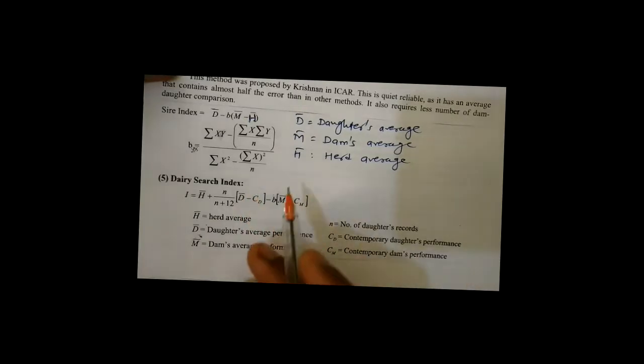Another formula is the dairy search index. So I is equal to h bar plus n divided by n plus 12, in bracket, d bar, that is the daughter's average, minus cd bar. So cd bar means what? cd bar means contemporary daughters. What are contemporary daughters?